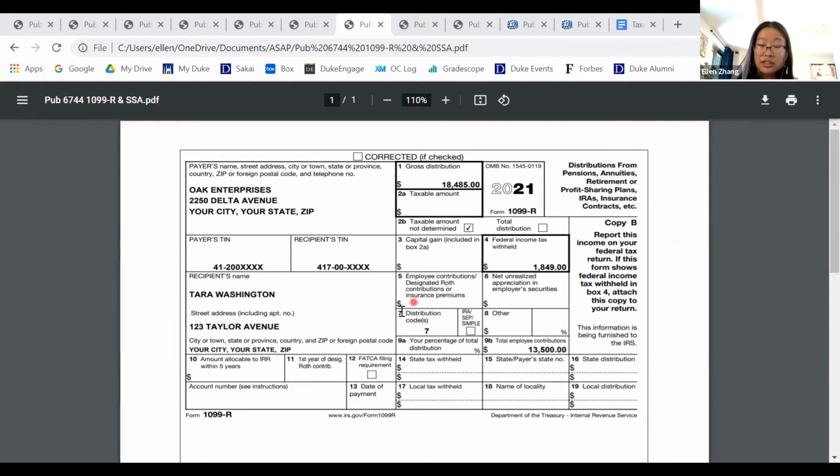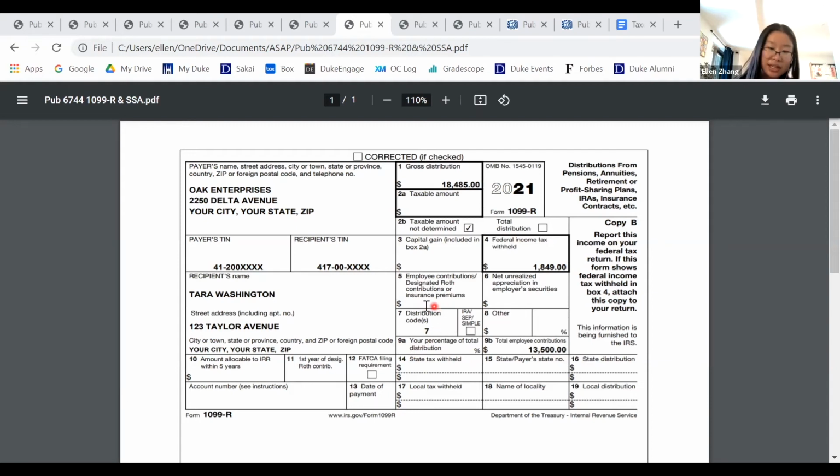However, there are certain exceptions now, especially during the pandemic, where you will not face that penalty if you make an early withdrawal. So for IRAs currently, if you made an early withdrawal because of COVID-related hardships, or for example, qualified higher education expenses, you would not face that 20% penalty.